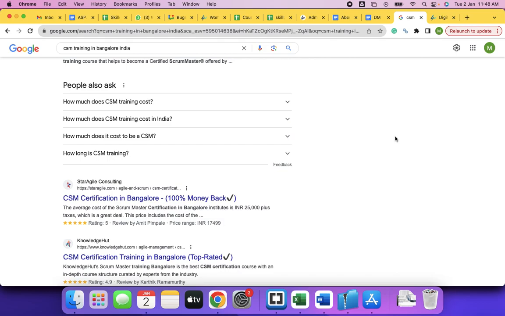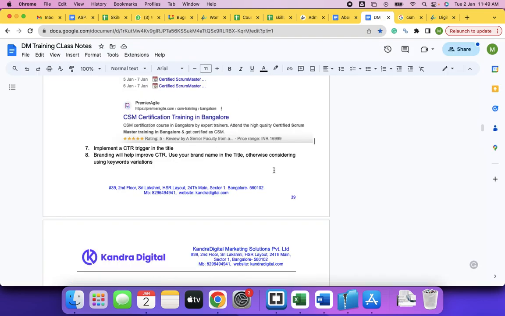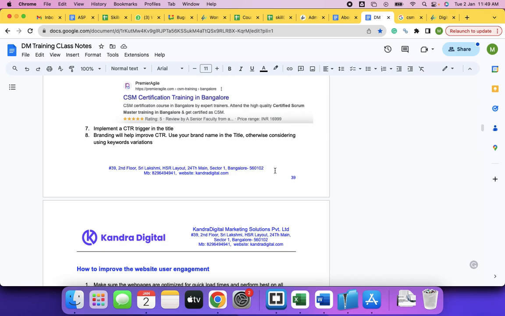And if some new player comes into the market without any branding activities, without any prominent role played by them, you will not prefer to order from those guys, unless that's a niche product, not everybody is selling it, and it's not available with the big brands. That's when you will not give much importance to the brand, right? So branding also plays a key role in improving your CTR, but not necessarily for all kinds of businesses.